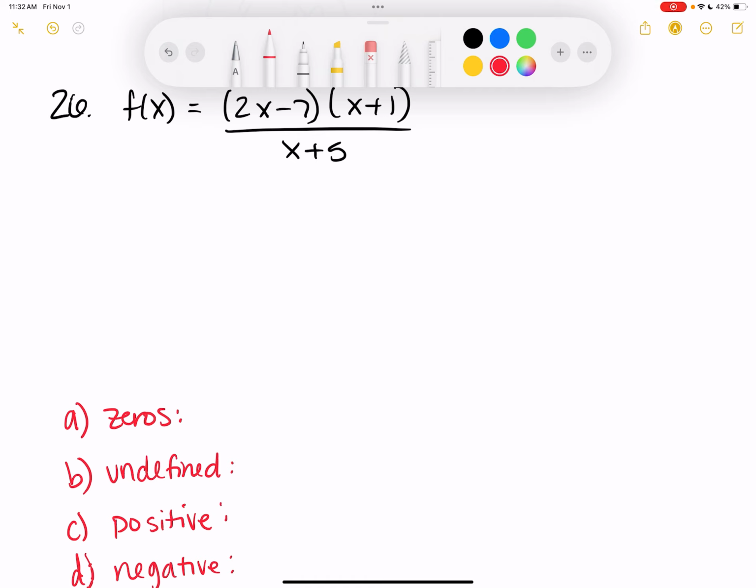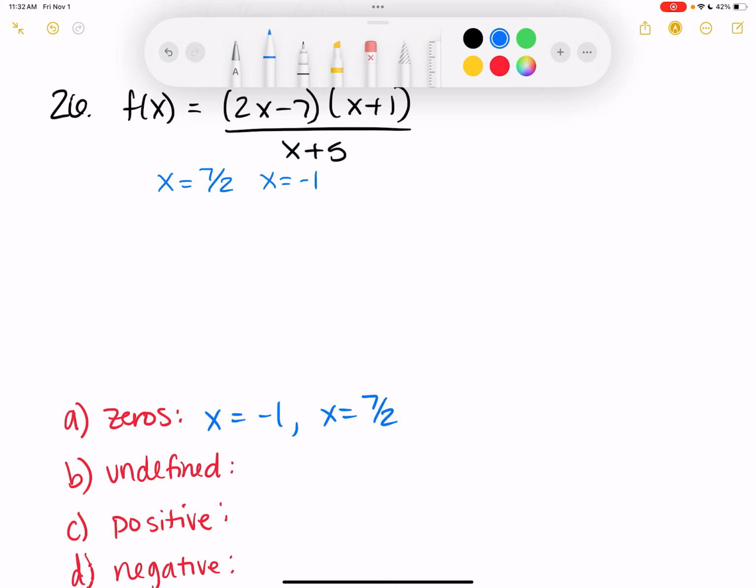You can multiply the whole thing by 5 plus x. I don't need to do that. Yeah, we just need to set the top equal to 0 to find the zeros. So what are the zeros for this one? 7 over 2. And -1. Yep, so the zeros are at -1 and 7/2.